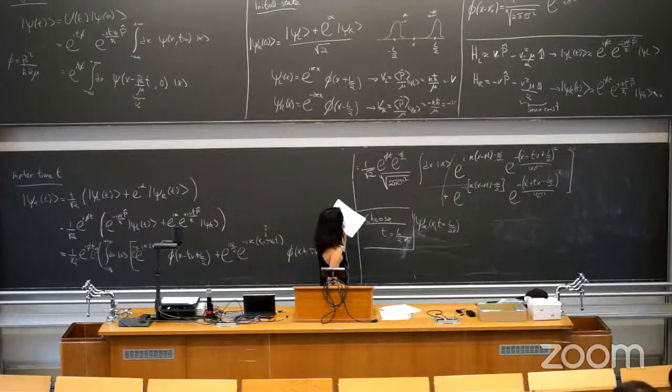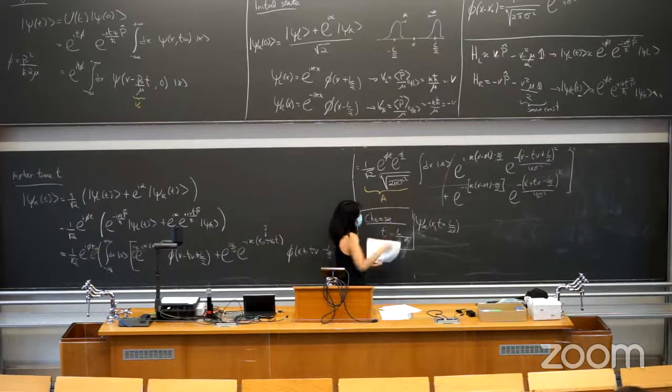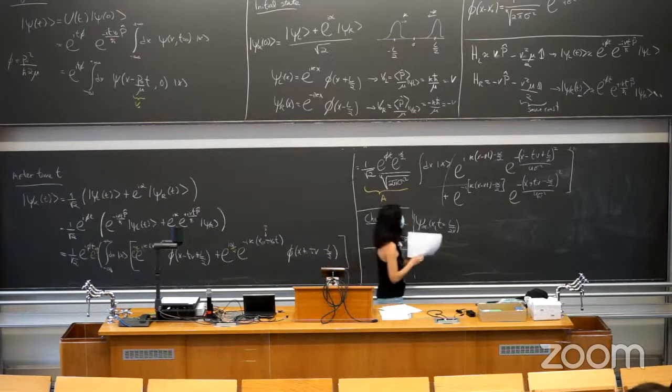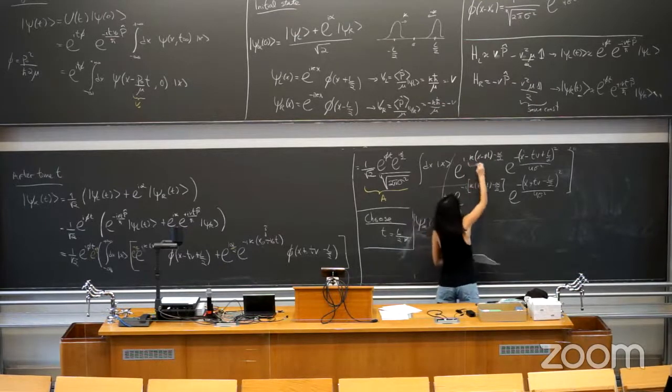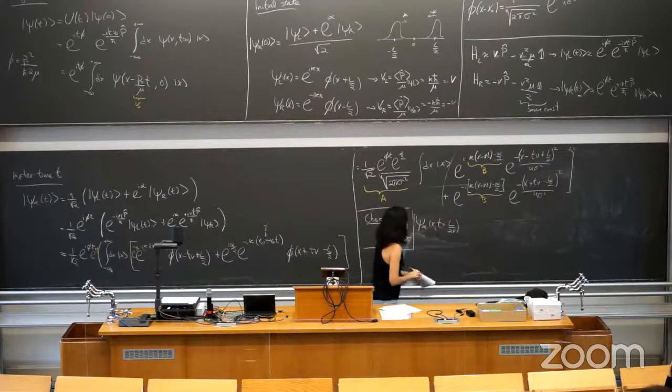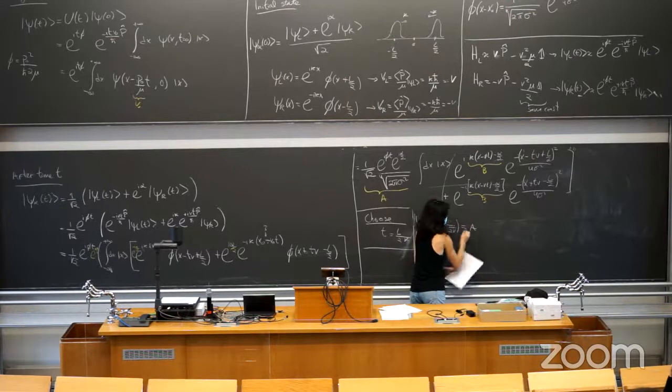We have this massive constant that we don't want to write all the time, so let's call this A. And now let's call this thing here B. Okay, the same as here. So then we have A, and then we have two terms.